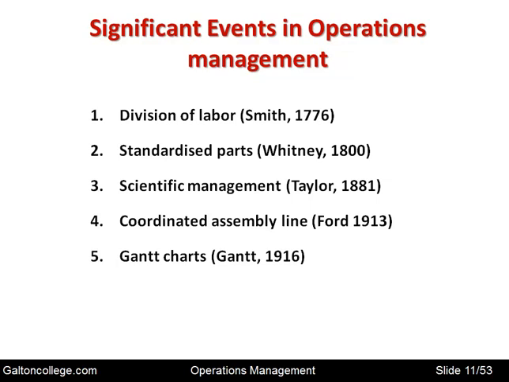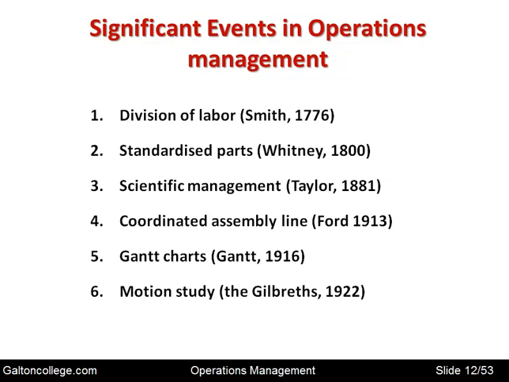Then we have Gantt charts, which enables us to measure the progress of projects and set out project schedules and timings. And we had motion study by the Gilbreths in 1922, where again there was an effort to try and measure inputs and standardize the inputs and look at the way work was conducted and try to be more efficient about the way work was conducted.